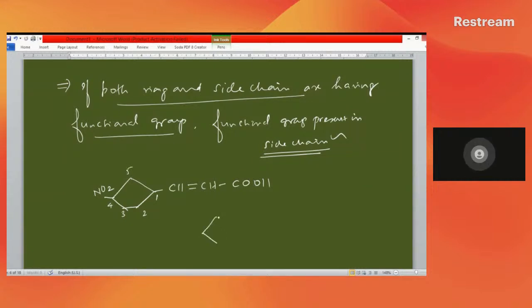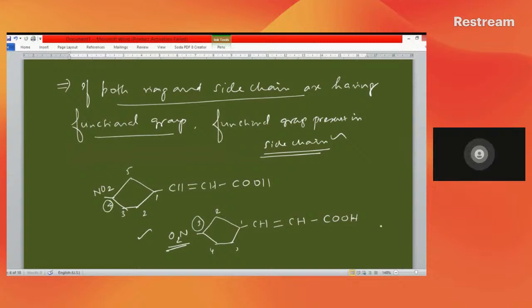And the other one, CH double bond CH COOH. Yeah, it's NO2. You can count 1, 2, 3, 4, 5. So this is the right way of counting. The nitro should get the highest possible prefix, 3, rather than counting it as 4.